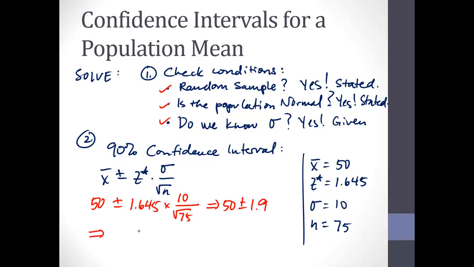So therefore our 90% confidence interval is 48.1 to 51.9 minutes. So again, just plugging the information that I have into the formula, I get my confidence interval is 48.1 to 51.9 minutes.